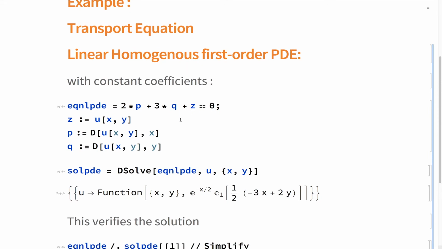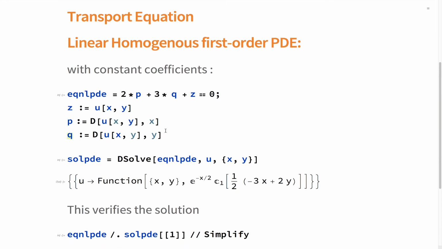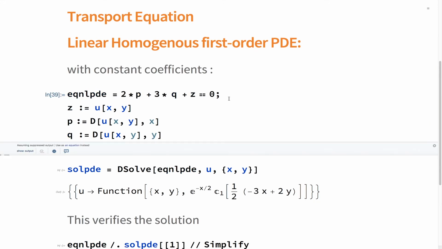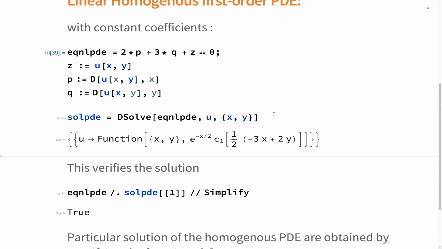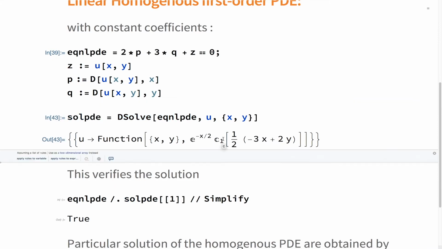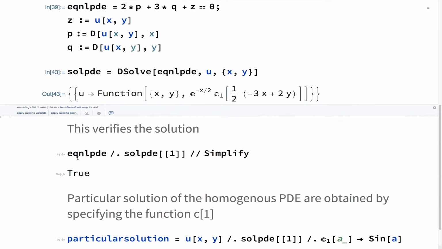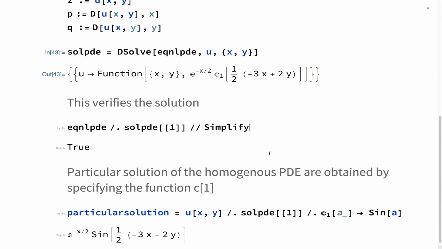So this PDE is also homogeneous. So I define this, and then we can solve it for the general solution by using DSolve. We get the general solution, and there is an arbitrary C1 of the argument 2y minus 3x. We can verify the solution, similarly replacing the solution, and we can see this.